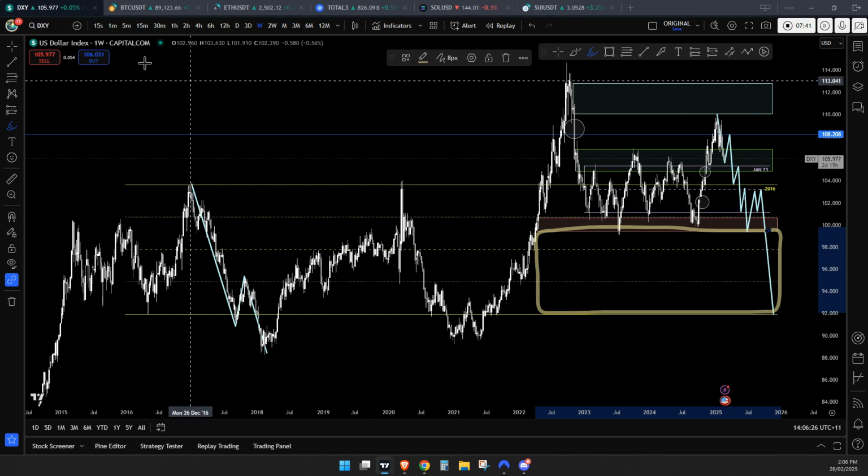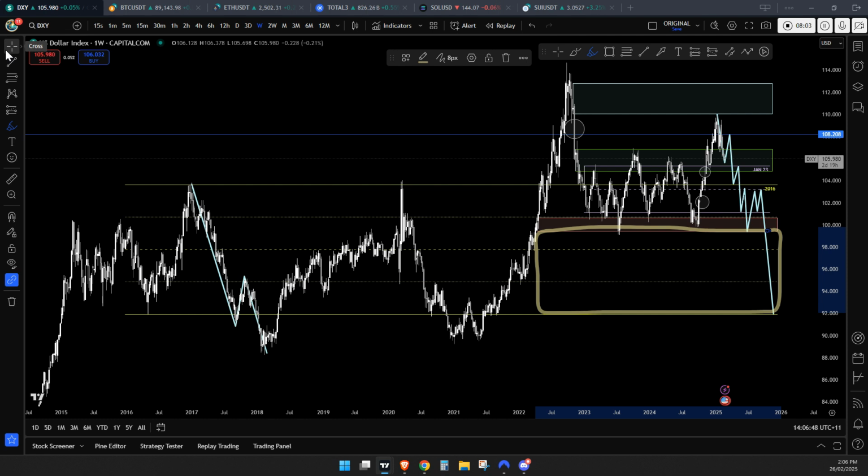Now, if this was to play out, we'd have a mega bullish environment for any sort of investing, right? Whether you're investing in the stock market, in gold, or in crypto, this is your bullish scenario. This is what we call the bull run.